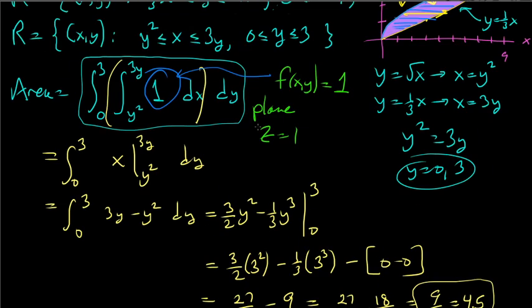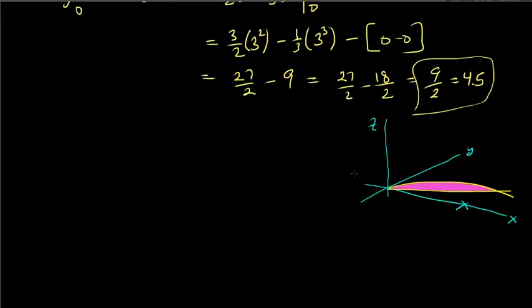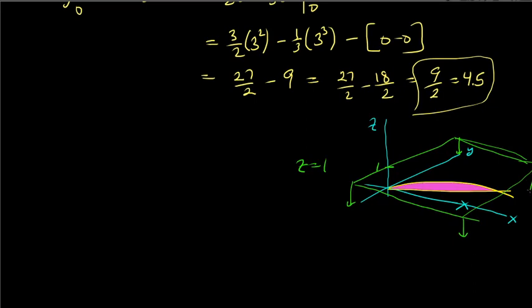So again, that doesn't answer the question, where's the 1 come from? So think about the plane z equals 1. So here's z equals 1, sitting right above this region here. So it's 1 step up above the xy plane.